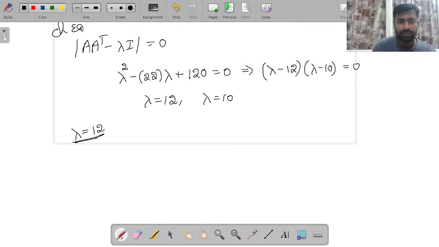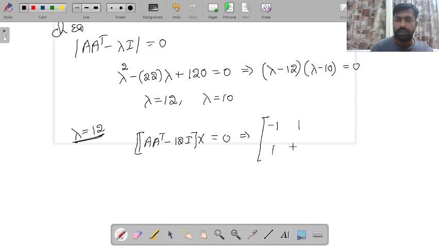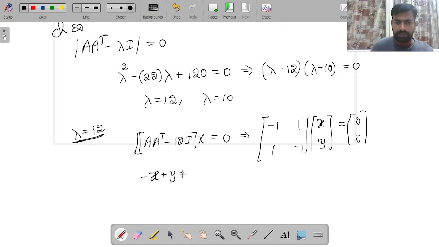Well, for lambda equal to 12, let me see what is A into A transpose minus 12 times the identity. This multiplied with x equal to 0. This implies 11 minus 12, that is negative 1, 1, 1, 11 minus 12, negative 1, multiplied with x, y, which is equal to 0, 0. And we have only one equation, this is negative x plus y equal to 0.